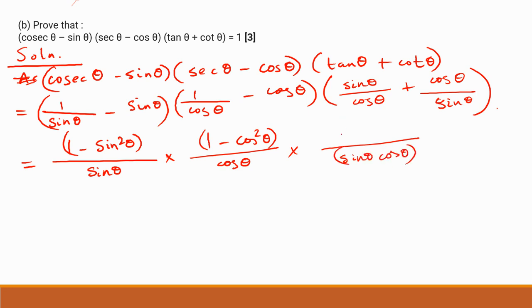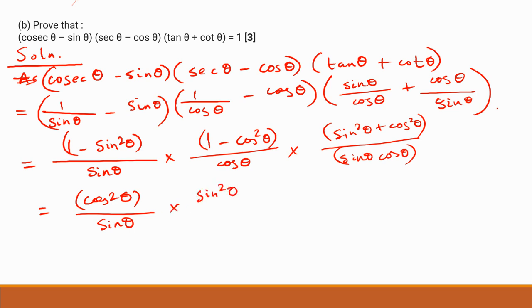So here cos gets cancelled, and we get sine squared theta plus cos squared theta, right? 1 minus sine squared theta is cos squared theta, but I will show you how you write it also. You write cos squared theta by sine theta here, and then you write 1 minus cos squared theta is sine squared theta, right?